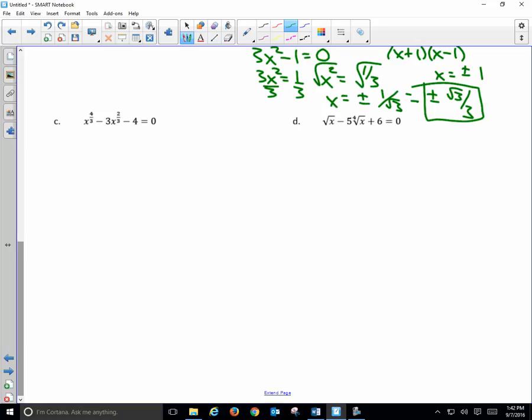All right. Okay, last one. What do you want to do first? Switch it to exponential form. Thank you. So x to the 1/2 minus 5x to the 1/4 plus 6 is equal to 0.